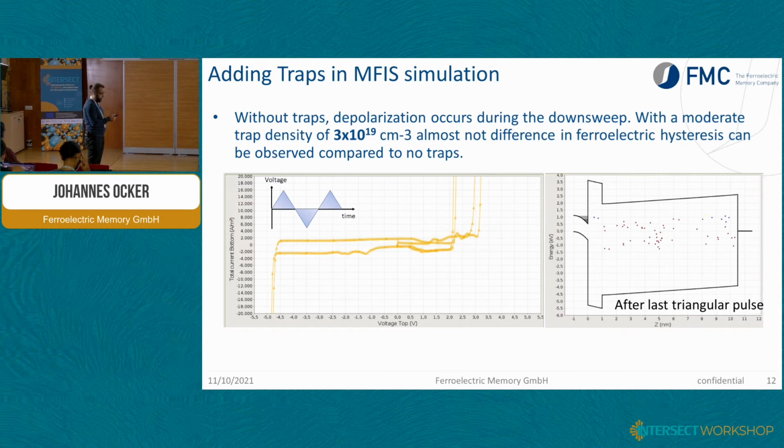All right, so these 3 times 10 to the power 19 traps didn't do much. You still don't see any switching peaks in the current response of the ferroelectric capacitor, or the FeFET.